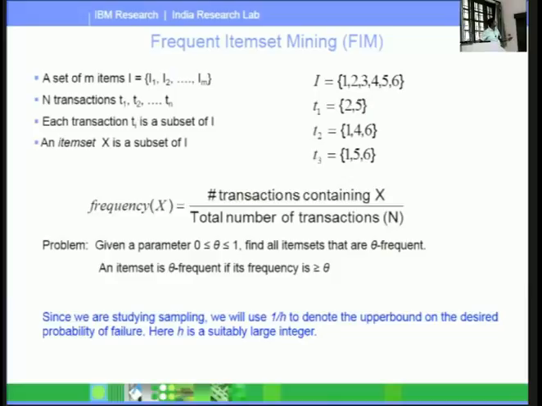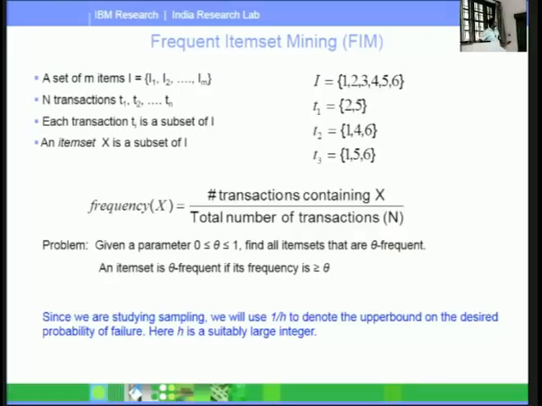There are N customers who have come and done N transactions, T1 to Tn. Each transaction is some subset of items that customer wanted. T1 is something where this customer bought 2 items, this customer bought 3 items, this customer bought 3 items.